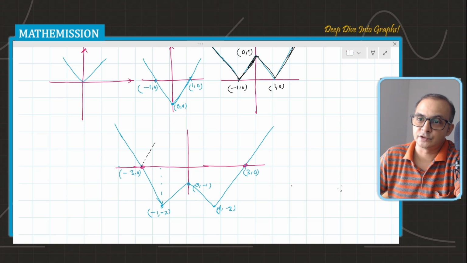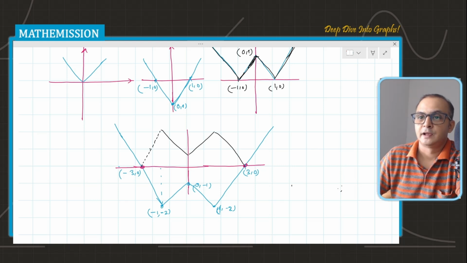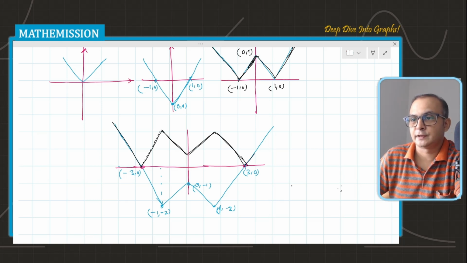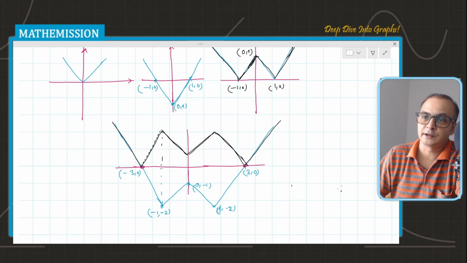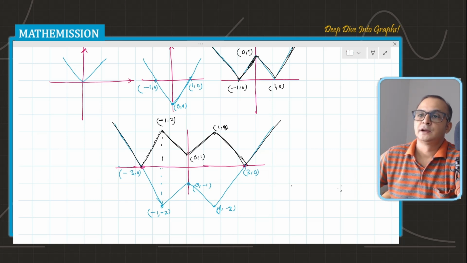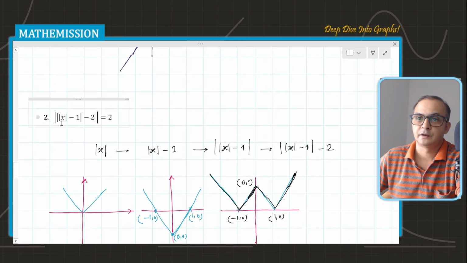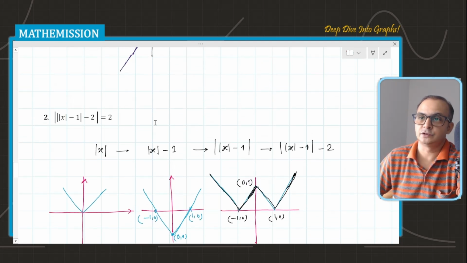So let's try it. This will go here, again it will come down here, again it will go up here, and again it will come down here. And this portion was already there, and in this way we have drawn it. So let's mark the points. This is -1 comma 2, this is 0 comma 1, this is 1 comma 0, sorry, 1 comma 2, and this is already there. Now I have to find the solution with y equal to 2.